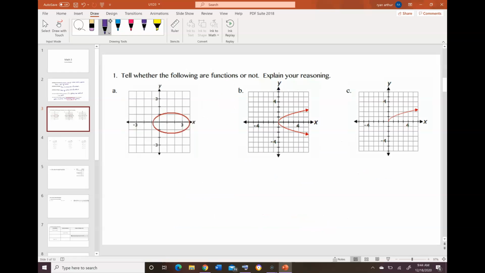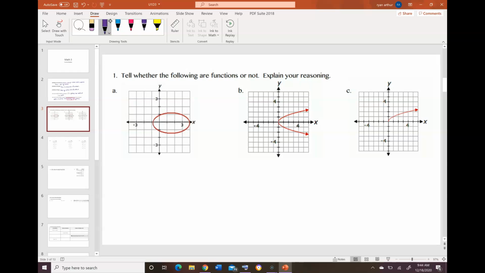Now tell me whether the following are functions or not. When looking at a graph, we do the vertical line test. Vertical means up and down. A vertical line can only touch the graph once. You can draw as many vertical lines as you want, but each one can only touch it once.